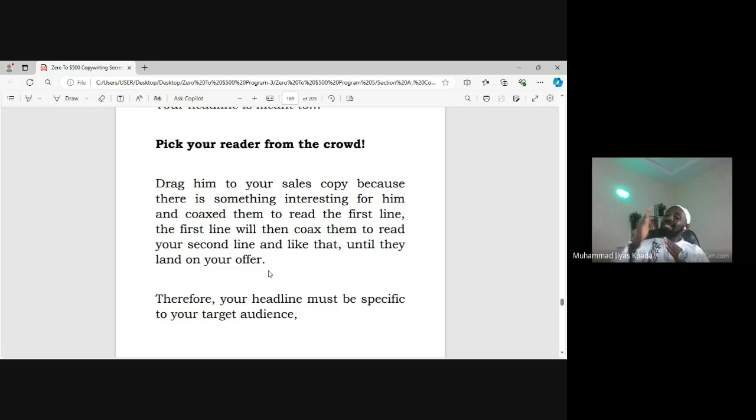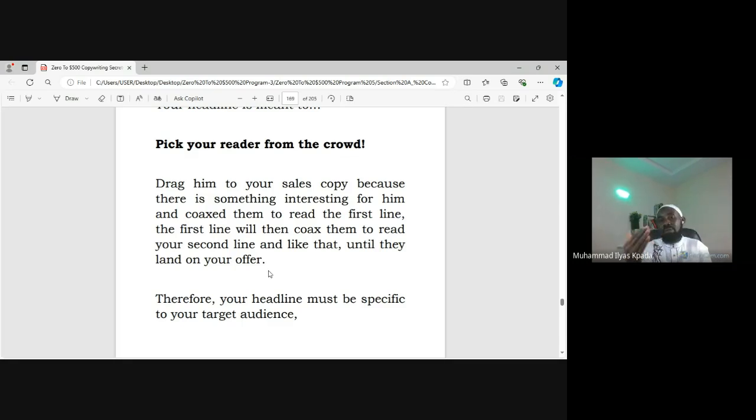Now, this is a strategy by Joe Sugarman. He used to call it the slippery slide. The slippery slide in the sense that the headline is designed to make the person read the first line. The first line is designed to make the person read the second line. The second line is designed to make the person read the next, and that is how it goes. It is the reason why he used to input some words.